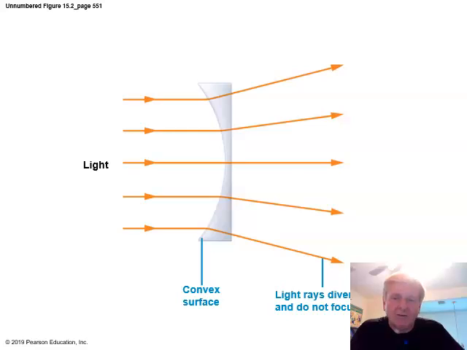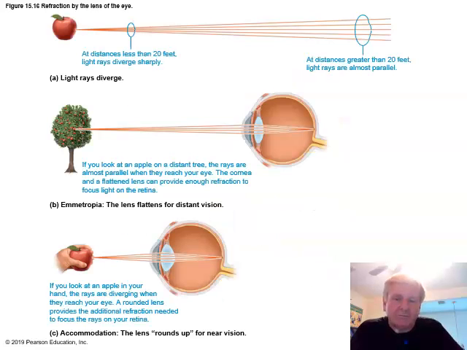We'll use these types of lenses, concave and convex, to refract the light rays for individuals that have errors of refraction. So if you look at this illustration, at distances less than 20 feet, the light rays will diverge sharply, whereas at distances greater than 20 feet, you can see those light rays are almost parallel. The more parallel the light rays, the less your ciliary body has to work to bend the light rays.